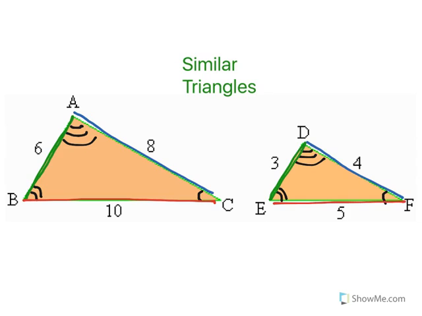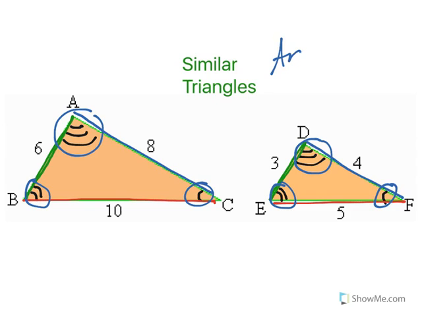That word corresponds means matching up. And then if we look at the angles, see these three lines? These three lines and these three lines show that these two angles are the same. These two lines and these two lines show that those two angles are the same, and this one line and one line shows that those angles are the same. So far, the angles are congruent, so that means they check out.